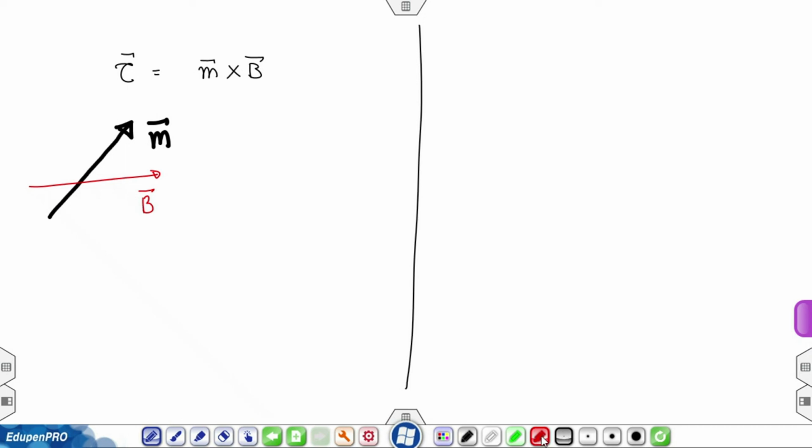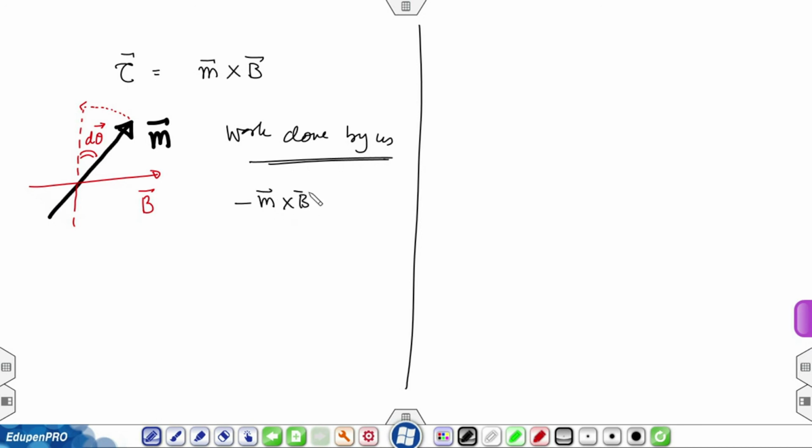Let me rotate this point dipole by angle d theta vector. Then the work done by us, and for potential energy it is always by us, is going to be minus m cross B, because that is the torque I have to apply, dotted with d theta.